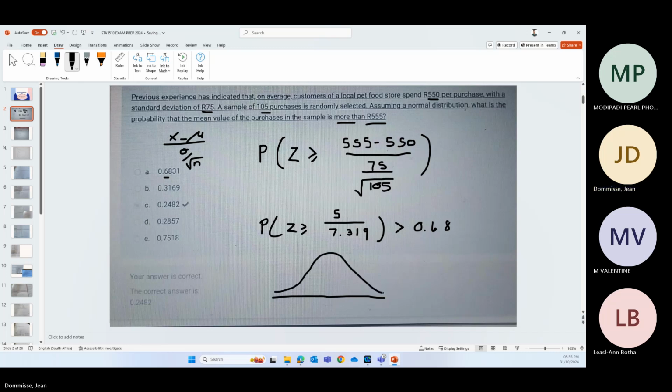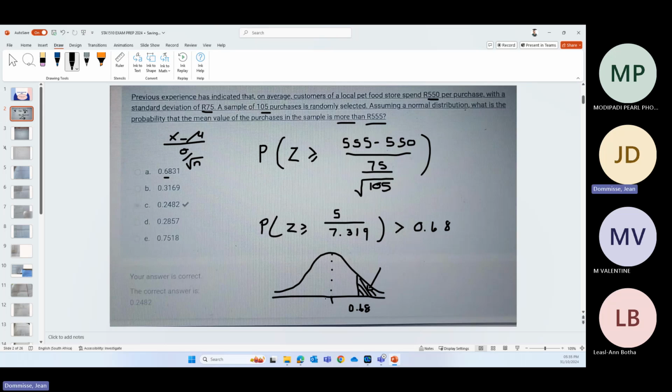So on our normal distribution, where it is 0.68, we want bigger, so we want more than, so we want this component.